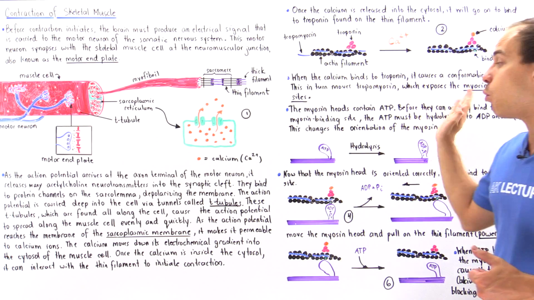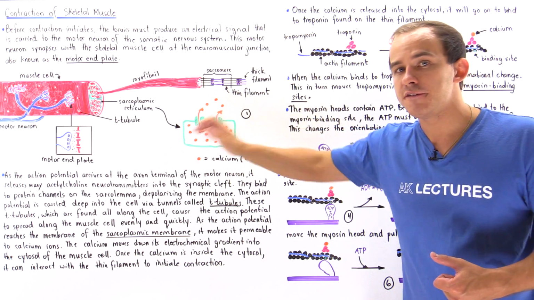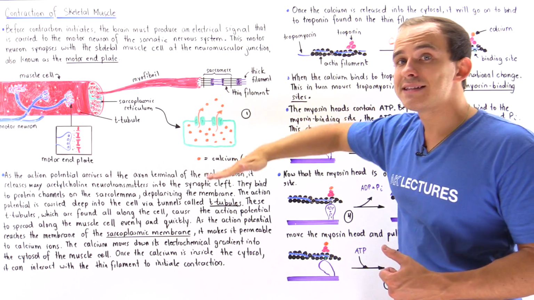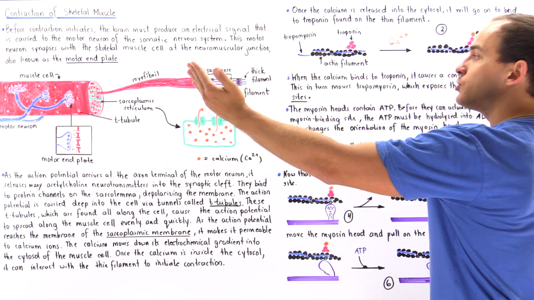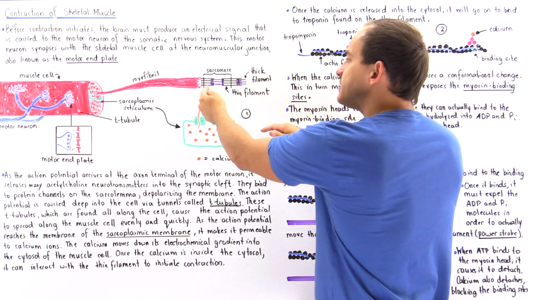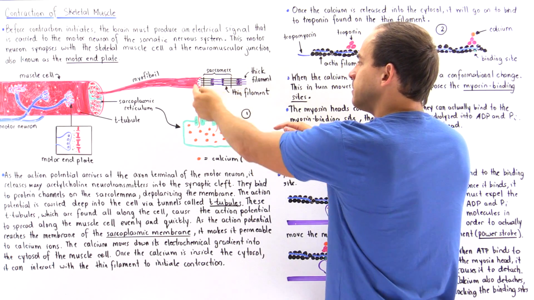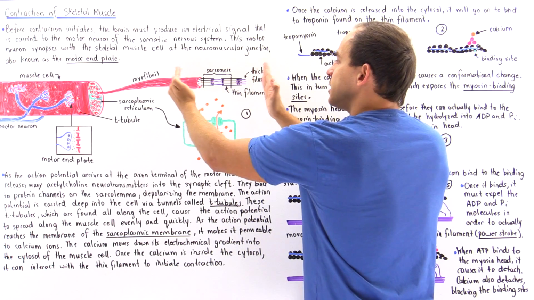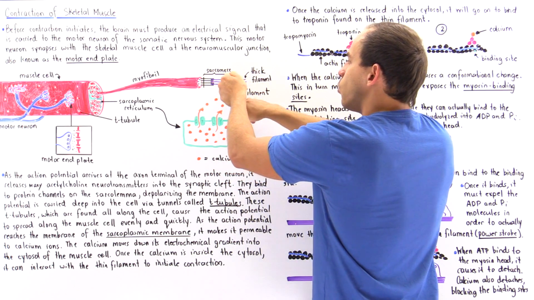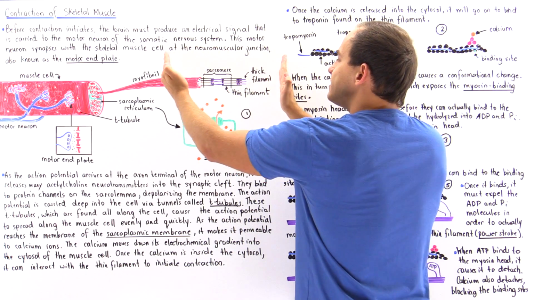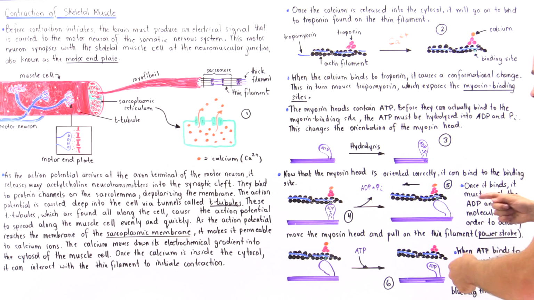The myosin head once again goes from a 90-degree angle to about a 45-degree angle. And as that takes place, that moves our thin filaments towards each other. So if this is one portion of the thin filament, and this is a second portion of the thin filament of the sarcomere, they are pulled towards each other. So Z line number 1 and Z line number 2 are pulled towards each other. And so we have this motion taking place.